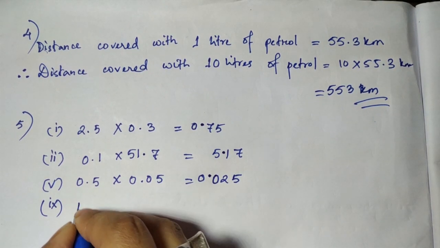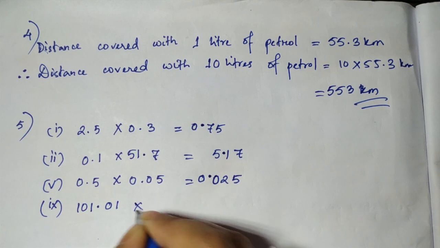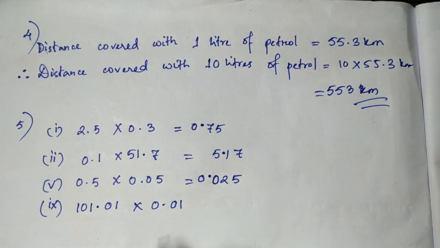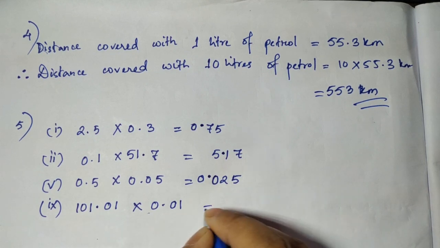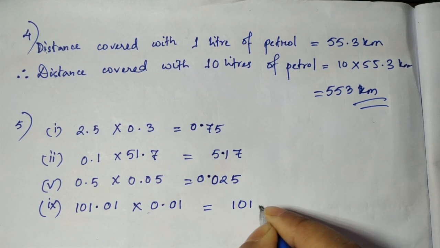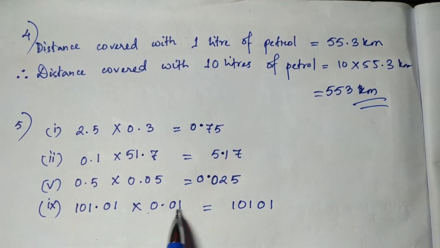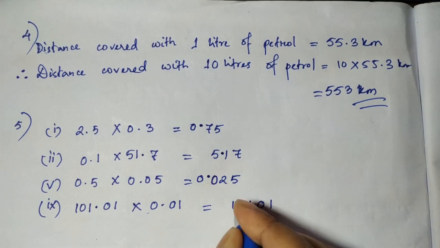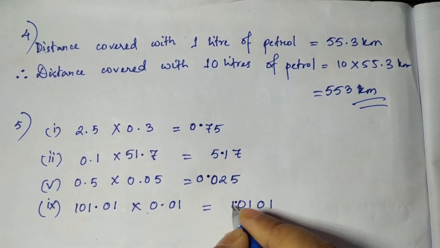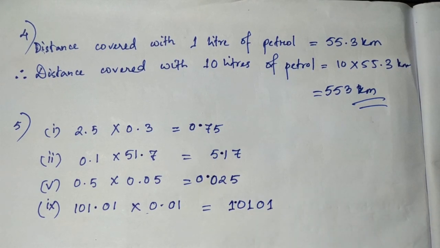Number 9 is 101.01 into 0.01. Now this without the decimal is 10101 into 1. So it will be the same number 10101. Now about the decimal, let's see. 1 2 3 4. 1 2 3 4. So the point comes here. Okay, so it is 1.0101.